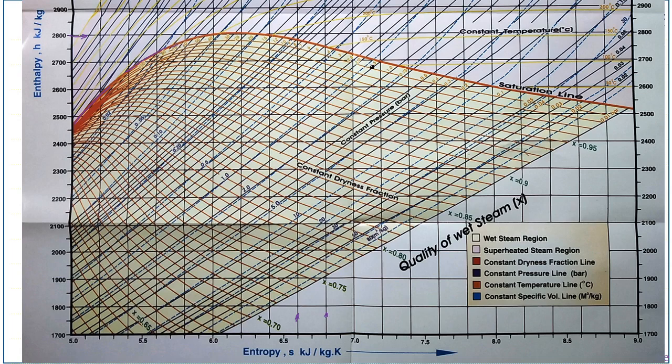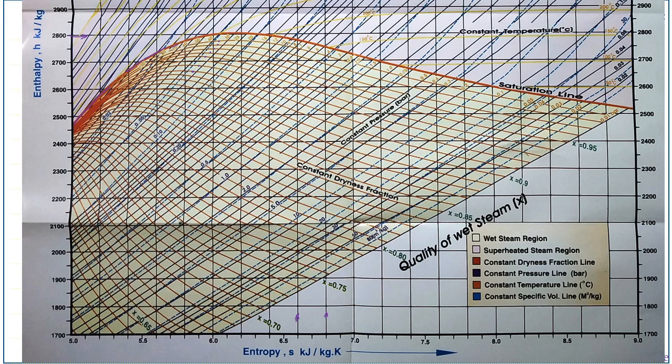Then the lines with a similar trend to the dry saturation curve, the brown lines in this yellow region, which are approximately parallel to the saturation curve, are known as dryness fraction curves.